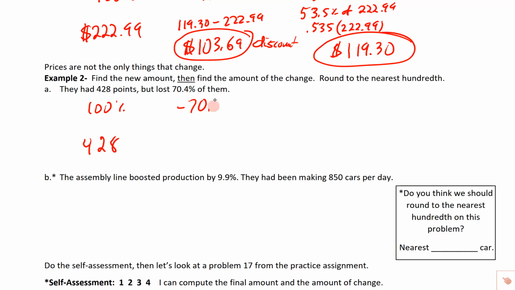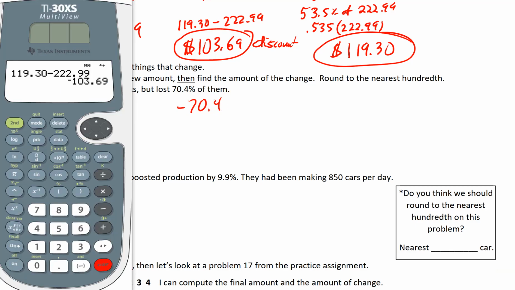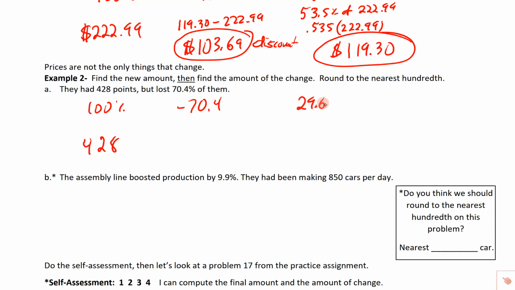Let's figure out what percent is left. Now, again, you might be pretty good at this, but I'm going to go ahead and double check on the calculator. 100 minus 70.4, we end up with 29.6. So what that means is there's only 29.6% left. So we want to figure out what is 29.6% of that original amount, of that 428 points, because that's all that's left.